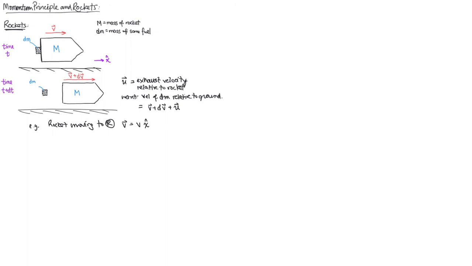And the exhaust is launched to the left relative to the rocket. So relative to the rocket, the velocity of the exhaust is u, and we'll call it minus v exhaust in the x hat direction, where v exhaust is positive.